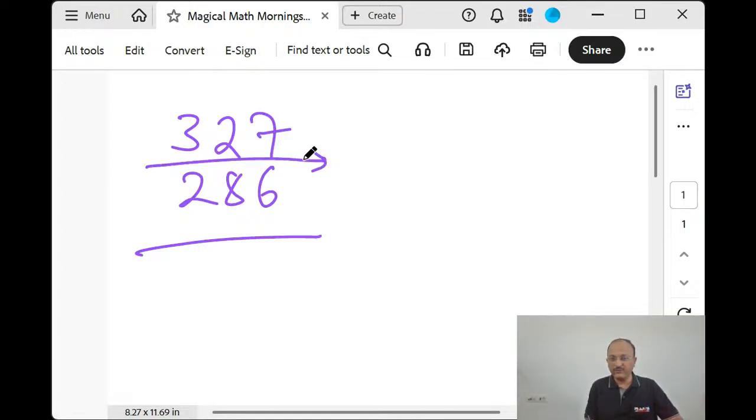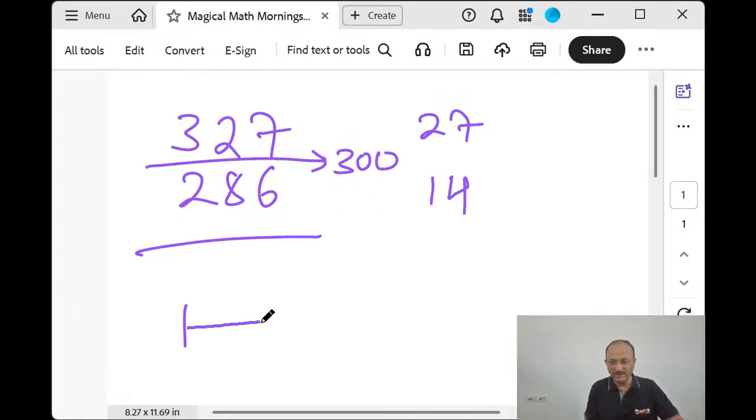See, what we consider, we'll consider 100 between these two, which is 300. We'll find out the above number, how much is bigger than 300? 27. 286 is 14 less than 300. That means we are dividing this one into, yes, the students who are present yesterday, they are able to answer very fast.